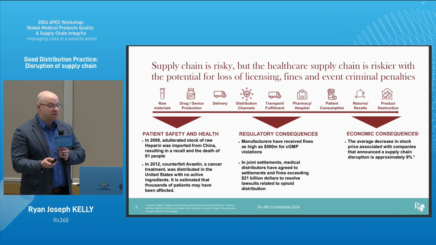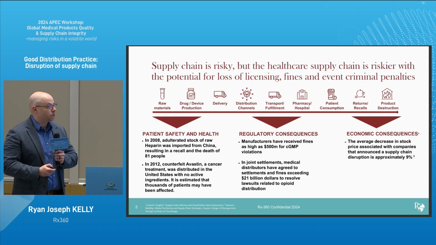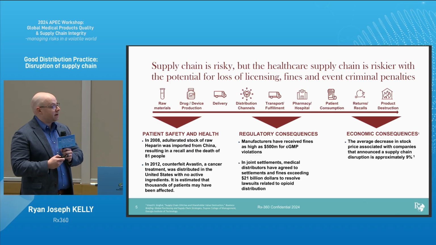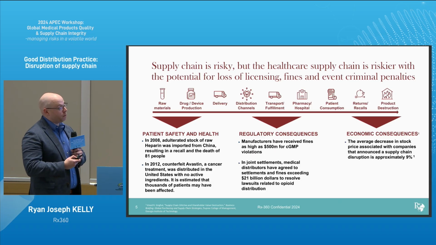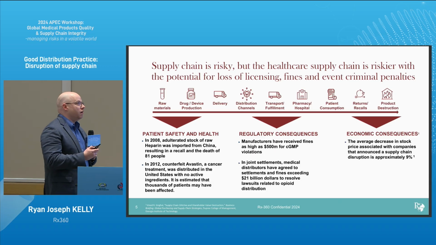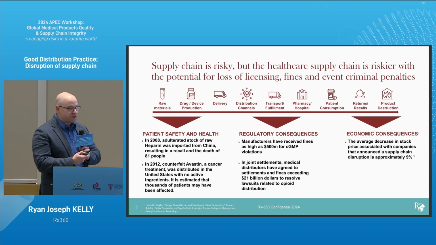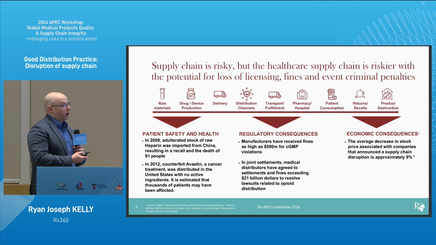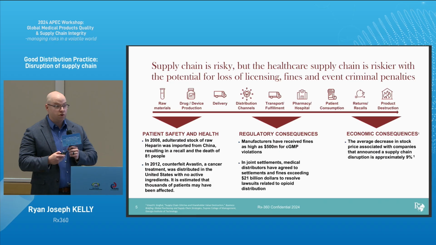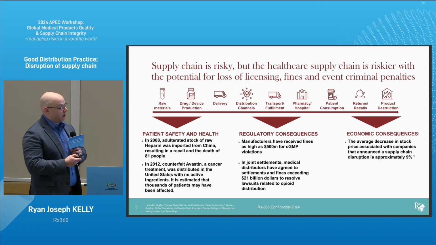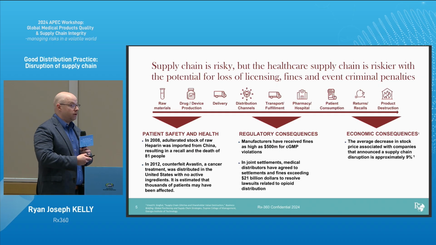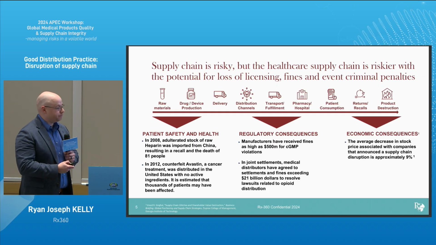And for the companies themselves, there's significant economic consequences, where most companies that announce a major supply chain disruption or event have seen their stock prices fall by approximately 9%. So not only does this make sense for patient safety and product quality, but it also makes good business sense to incorporate practices included in GDP and the Apex Supply Chain Security Toolkit into your business operations.